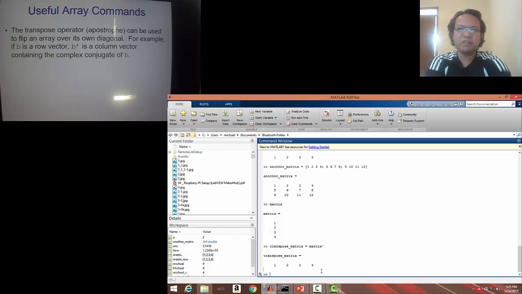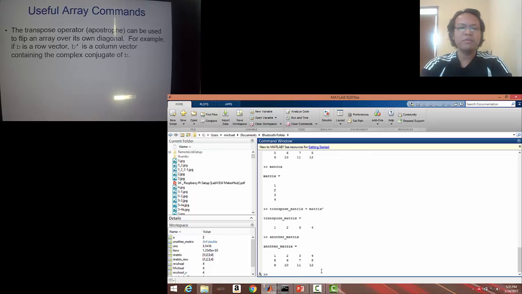It has some importance in the future chapters, which I will explain to you, and I will show you also for another matrix. Let me see what will happen here. So if you say transpose another matrix is equal to another matrix, like that, what will happen?